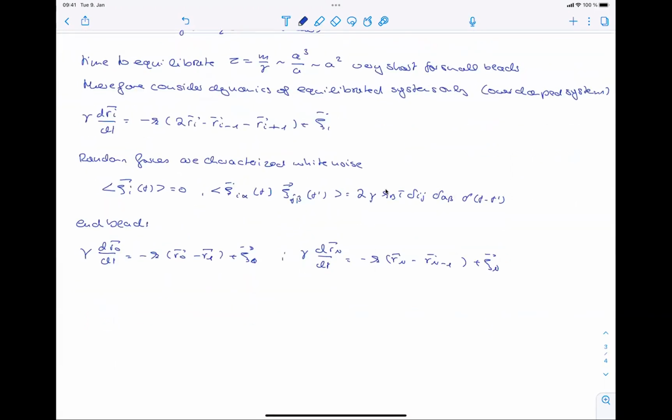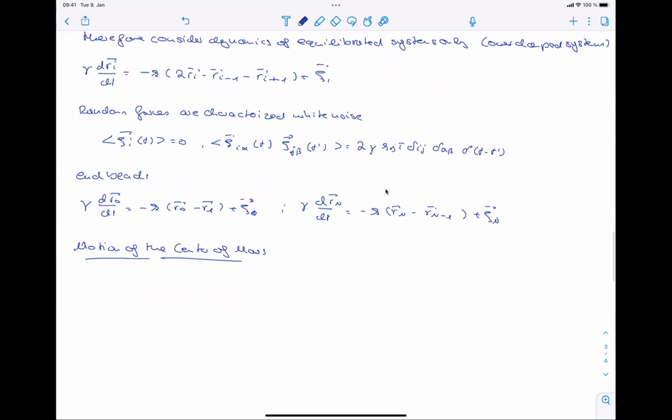And now with these equations, we can look at the motion of the center of mass, which is a convenient shorthand because the center of mass is just the average of all positions of all beads.